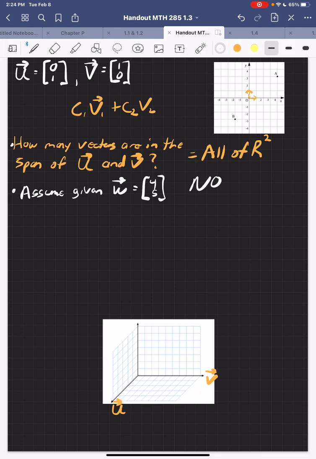Okay, so then next question. Let's forget about the w part now. Let's go back to given u, given v. What if I were to take one of these vectors away? How does that affect your span? So let's say I take away your vector v.